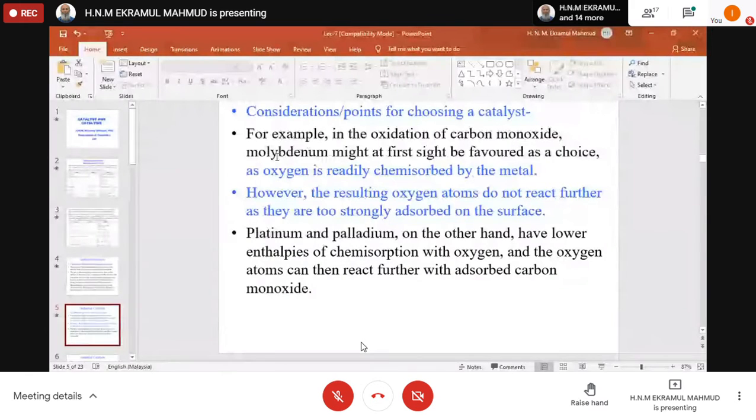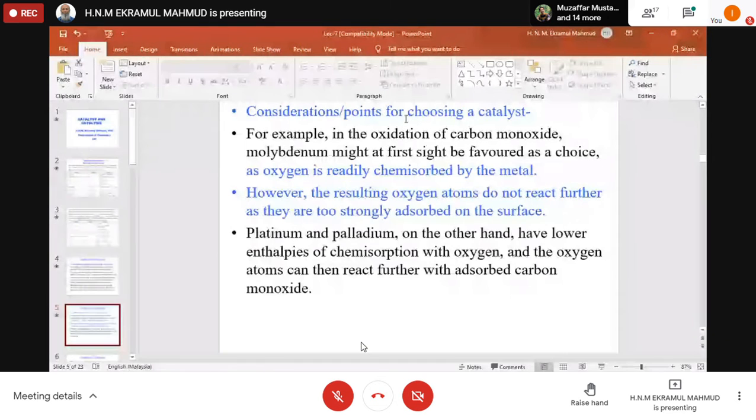So theoretically we can approach molybdenum as a catalyst, right? But the resulting oxygen atoms do not react further as they are too strongly adsorbed on the surface. The oxygen is adsorbed on molybdenum, and after that it doesn't want to go away.